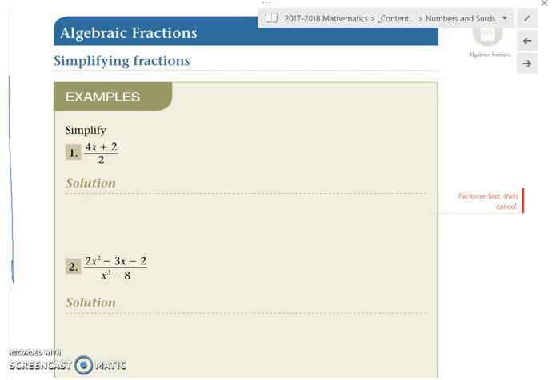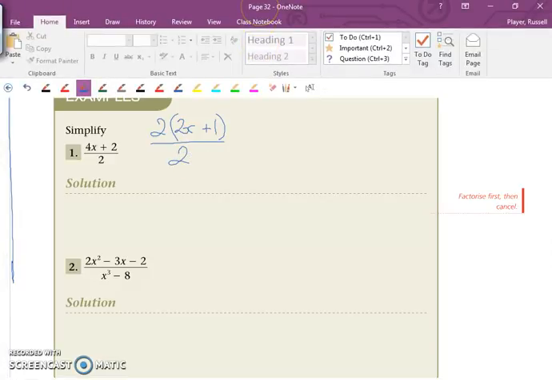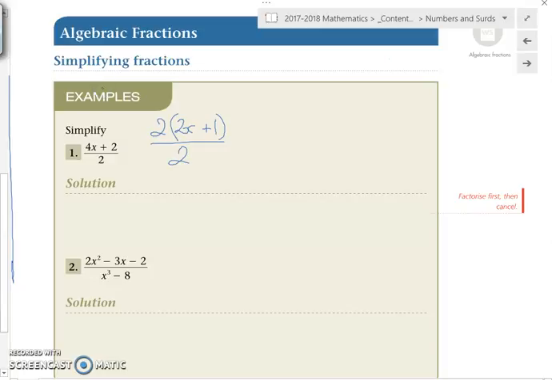So we're going to pull out a common factor. You reckon 2 is going to come out. So what's that leave you? 2x plus 1 over 2. Now what can I do to simplify? Take out the 2, cancel the 2's.